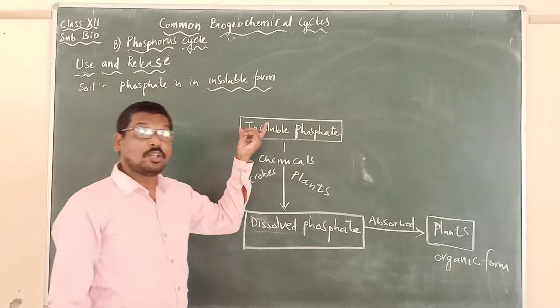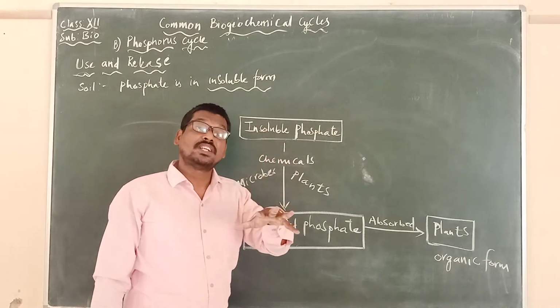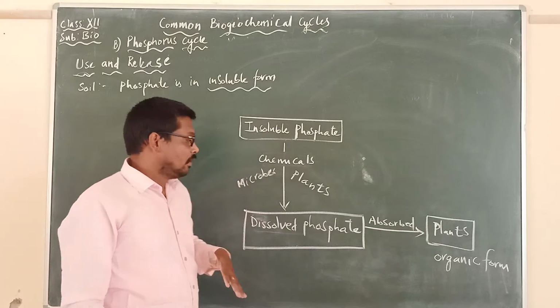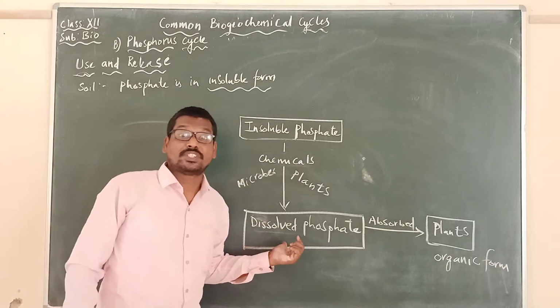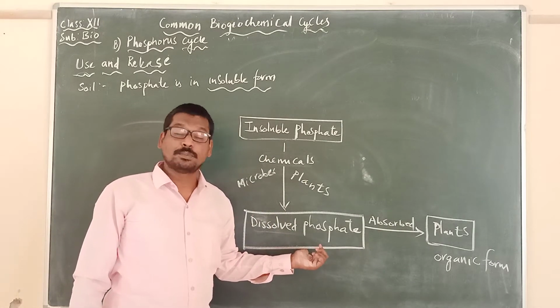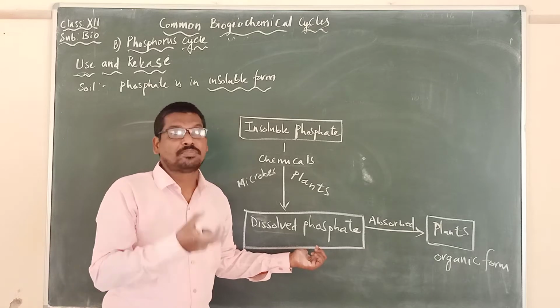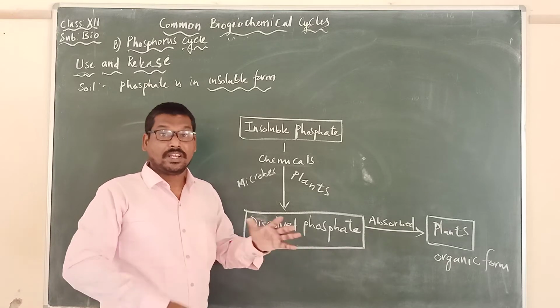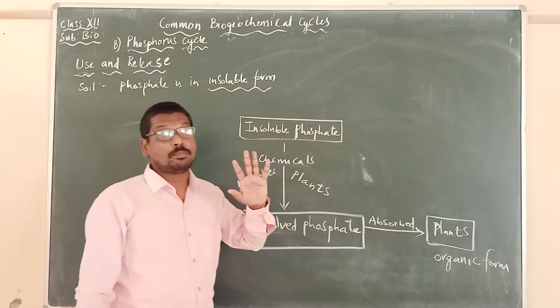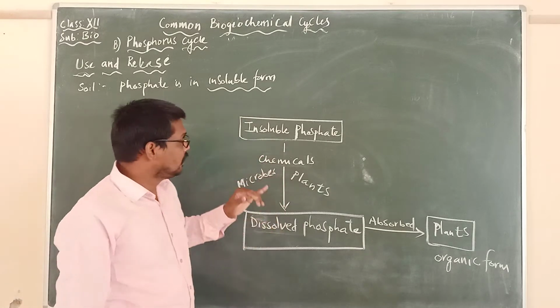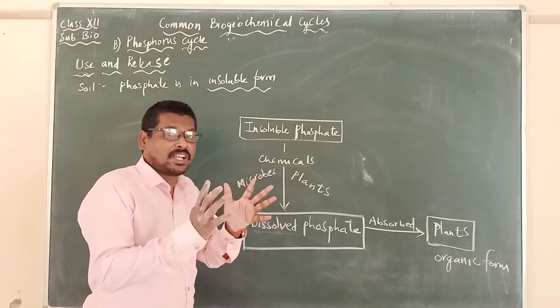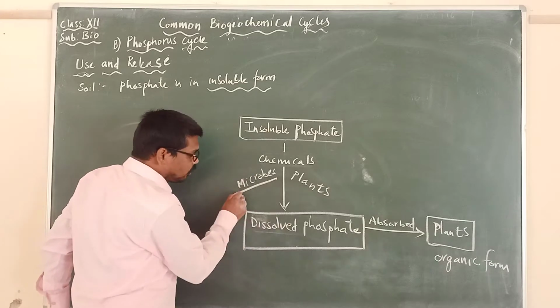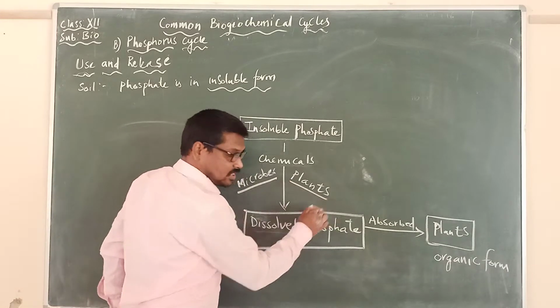Now this insoluble phosphate that is present in the soil should be converted into dissolved phosphate. Only then is it easy for the plants to absorb this phosphate. It cannot be absorbed when it is in an insoluble state. So that's why there are some chemicals released by the microbes as well as the plants.